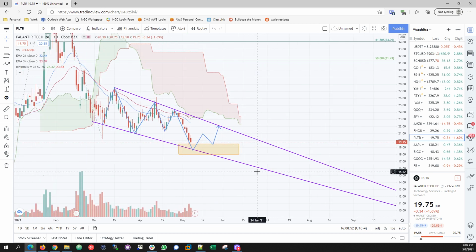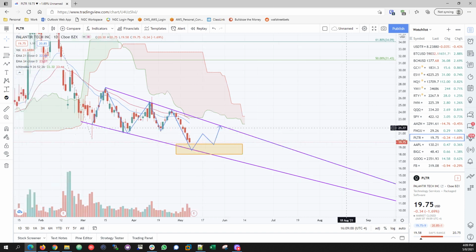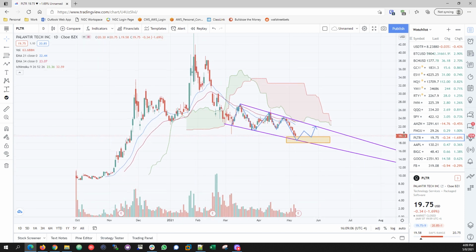So this will be a pattern that I'm looking for: bounce off of the 1850s and then eventually testing out the 21, 22 range again. But overall, I feel this stock is on a bearish trend right now. Not gonna lie about it.